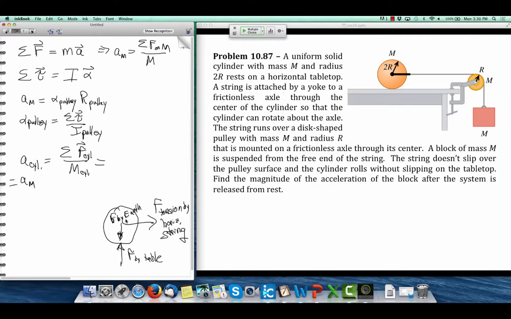And if this thing is going to roll without slipping, the string pulls it to the right. It either slides to the right or there's friction. The thing that stops it from sliding to the right is a static friction force to the left.